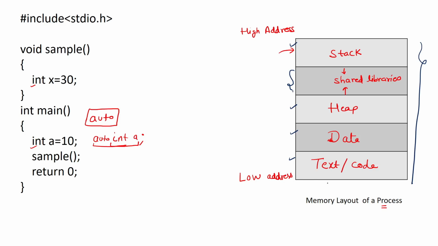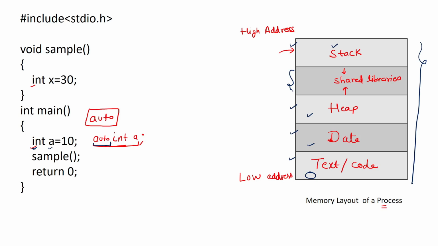Inside the text section, the code is stored. In the data section, all the data used by the program is stored. Inside the heap, dynamic memory allocations are done, and inside the stack, all the local variables present inside the functions are stored. So int a is a local variable, and you can also say it is of the auto storage class.